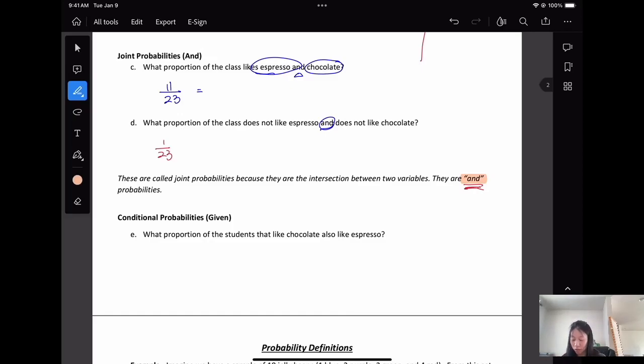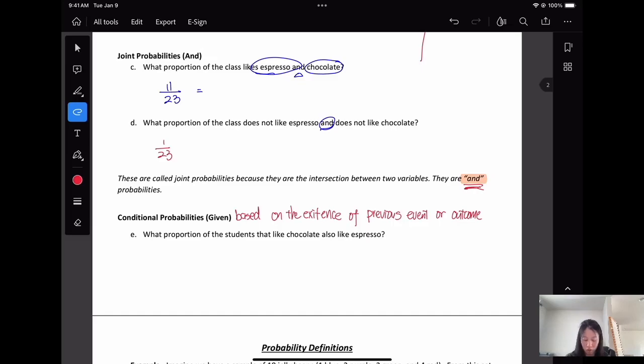Conditional probability is the possibility of an event or outcome happening based on the existence of a previous event or outcome.